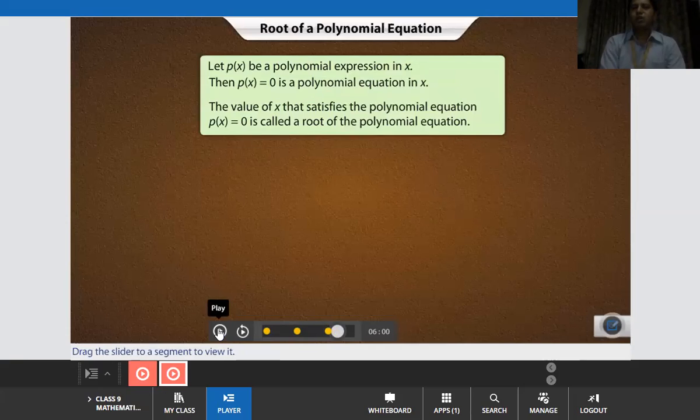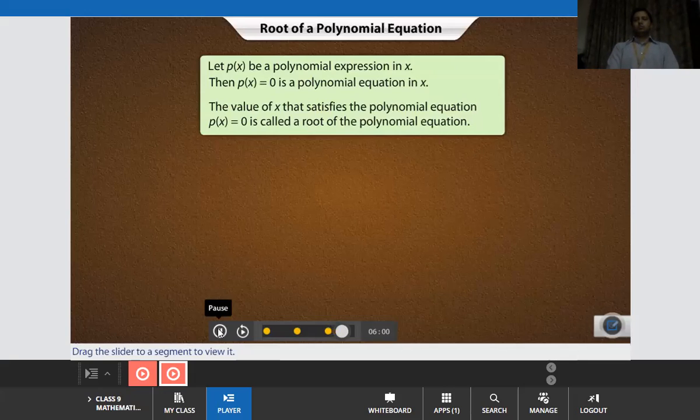In a polynomial equation, the value of x which satisfies the right hand side is known as a zero of the polynomial. The value which satisfies the polynomial equation p(x) equals 0 is called a root of the polynomial equation.